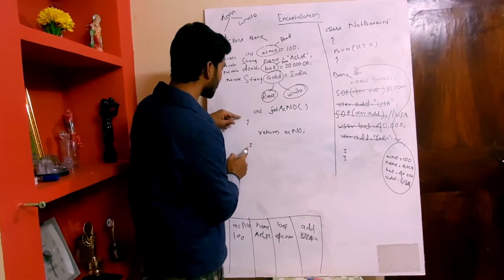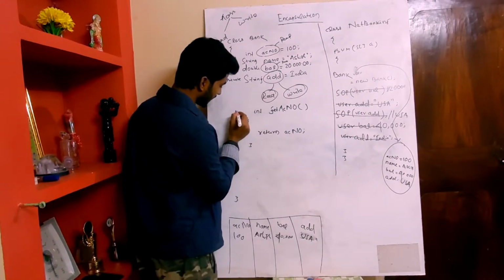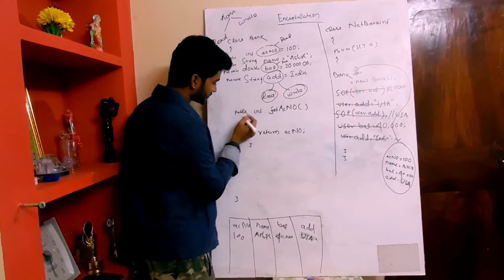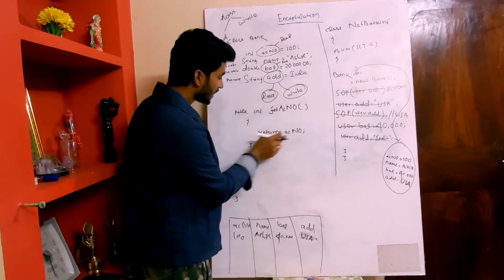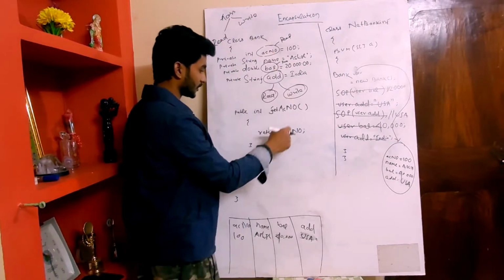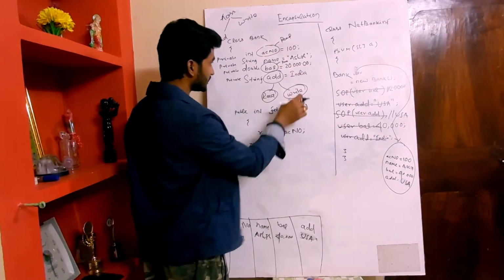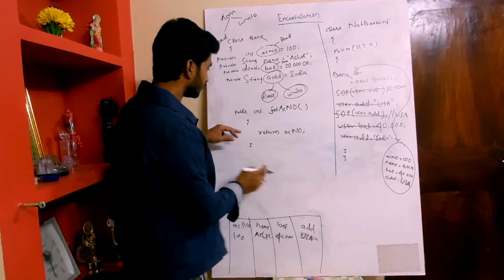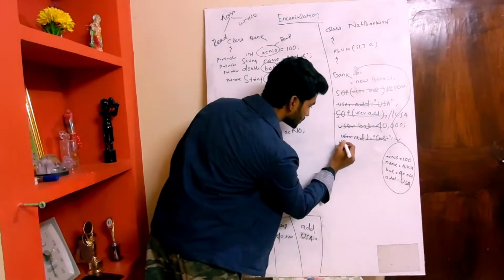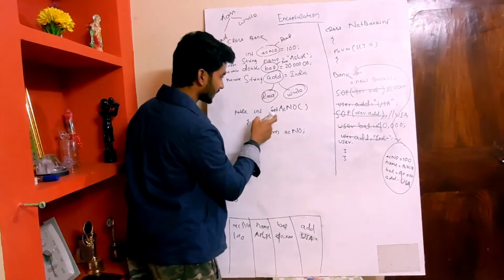And I want all of my customers to access this method from anywhere in the application, so I'm going to make it public. So public int getAccountNumber. And I will return this account number over here so that they can access this particular variable, right? So suppose somebody is doing user.getACNumber.